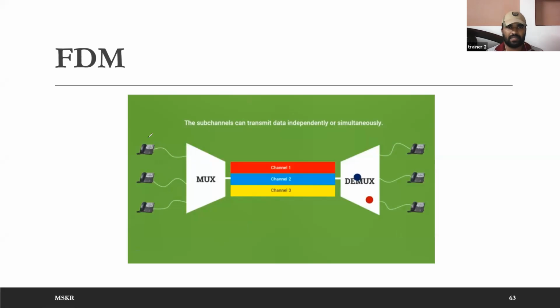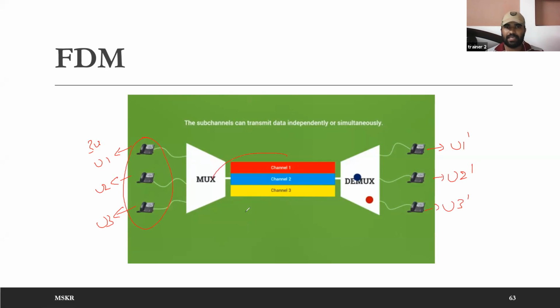As you can see, there are these 3 users. Let me say this is U1, this is U2, this is U3, and this is U1 dash, U2 dash, U3 dash, the corresponding receivers.